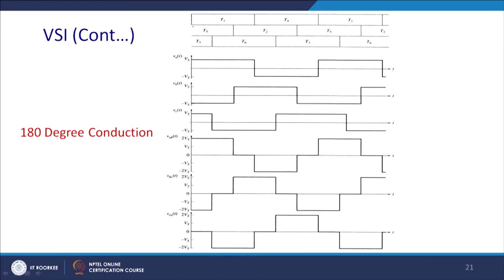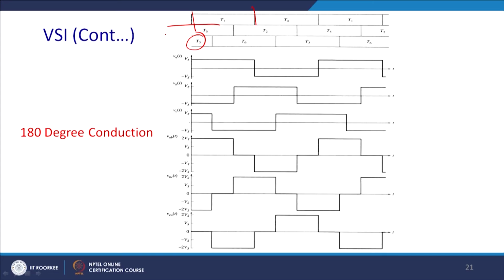Each thyristor individually will conduct for 180 degree. So, this will show the start and stop time of the switch T1, and this will be T4 and this will be again T1. Before that T5 was conducting, and when T1 comes into the picture, T3 was conducting.